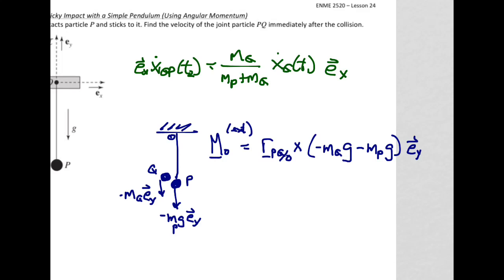Because this position vector r of PQ with respect to O is also in the negative EY direction, this cross product goes to 0, and so we see that there is no total moment. So the right-hand side of our equation for the time derivative of the angular momentum is equal to 0. So total angular momentum is conserved.